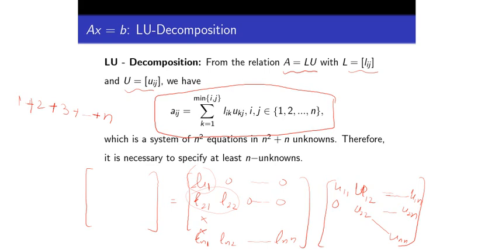Similarly for the upper triangular part. Both have the same number of unknowns, that is n into n plus 1 by 2. If you multiply by 2, you get n into n plus 1.